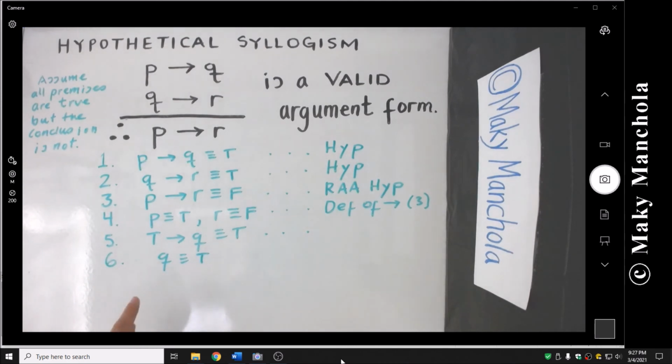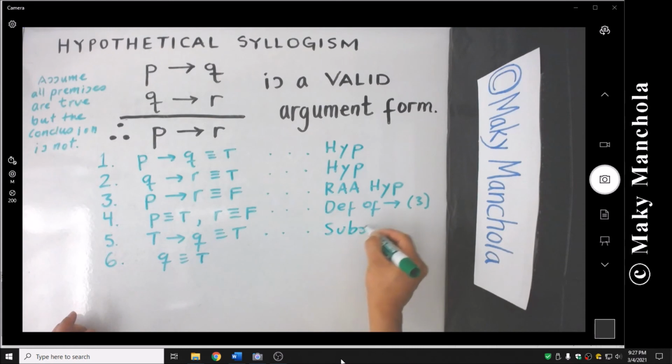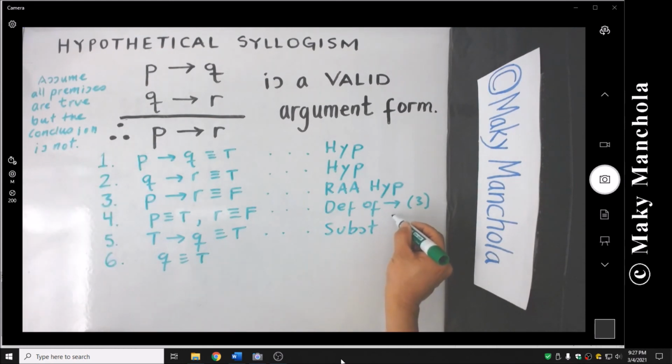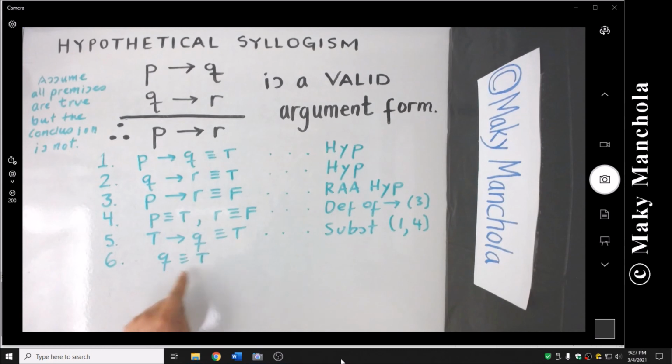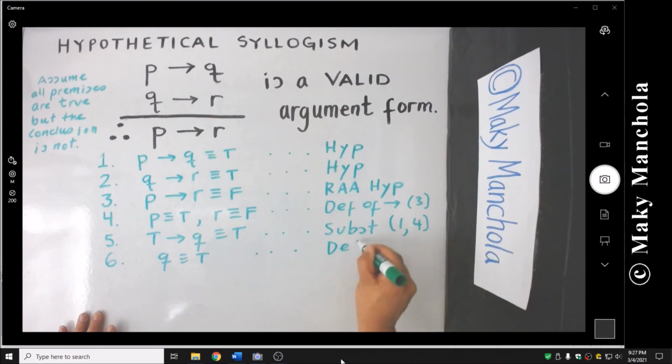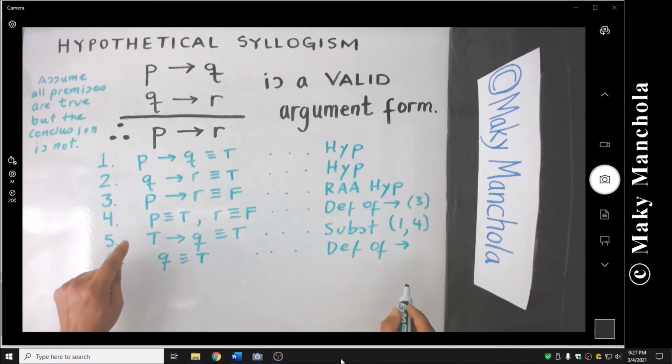Okay, so in step 5 we have a substitution, and we are using steps 1 and 4 in that substitution. Step 6, Q is true. That follows by definition of the conditional in step 5.